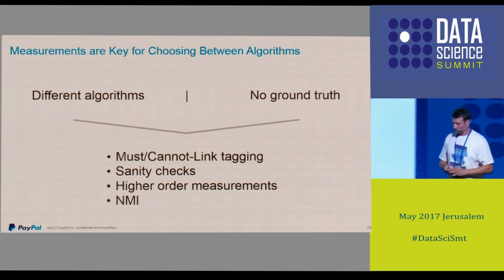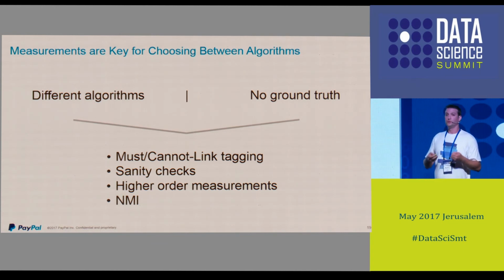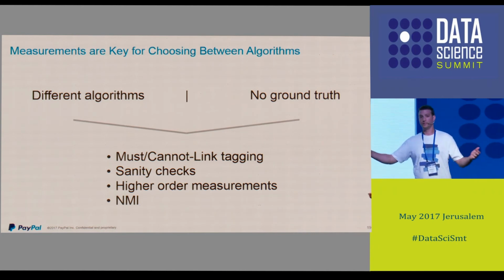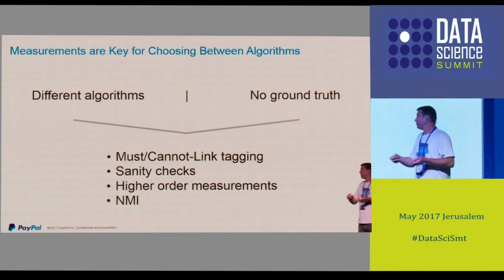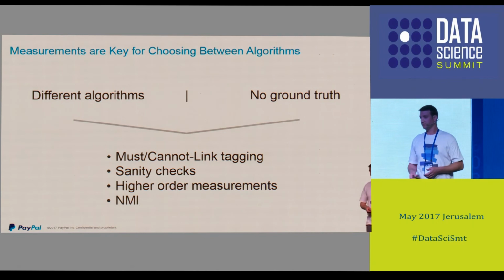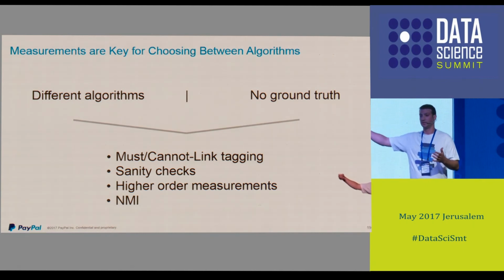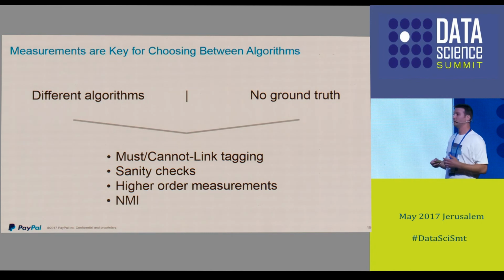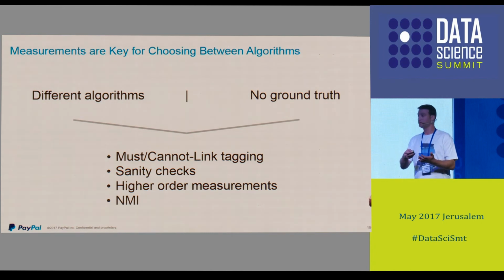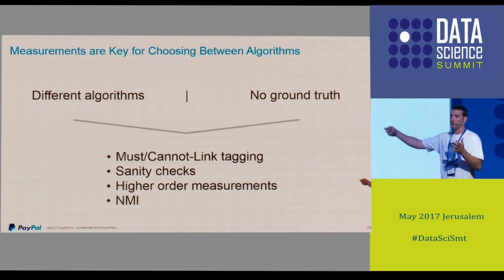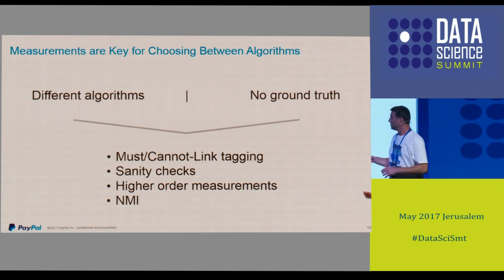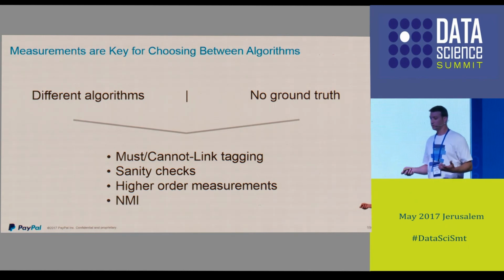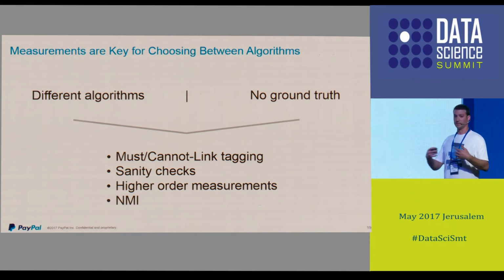Next, usually a community detection algorithm is just a step in a larger process. So in our case, we also used the measures we have on the whole IPNet process, meaning the transactions that are used from the communities that we created, to choose the best algorithm that maximizes our overall results. And lastly, NMI, short for normalized mutual information. It is a measure that is used to compare how similar two clustering results are.